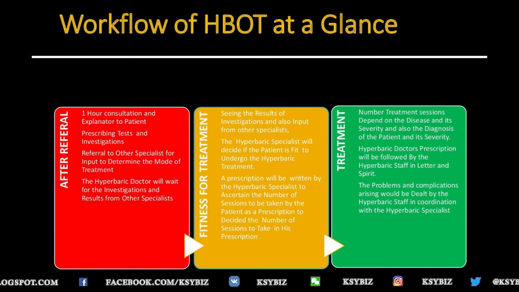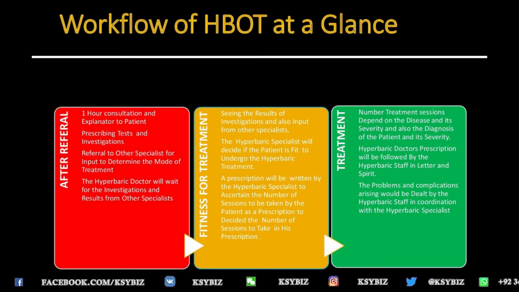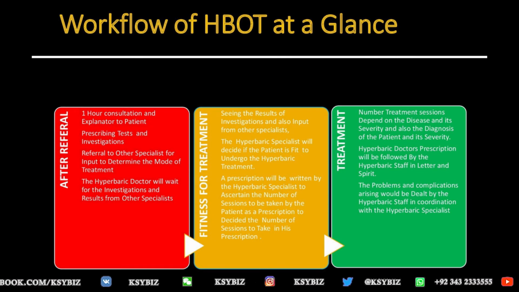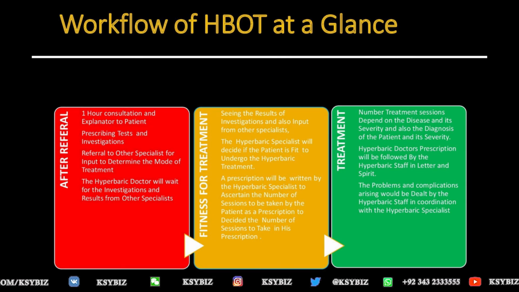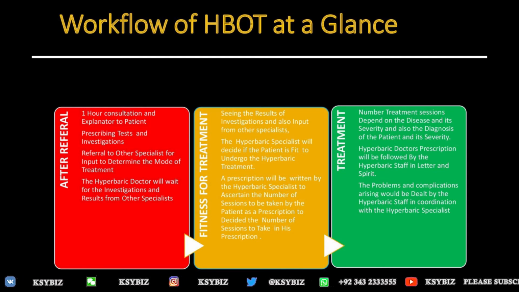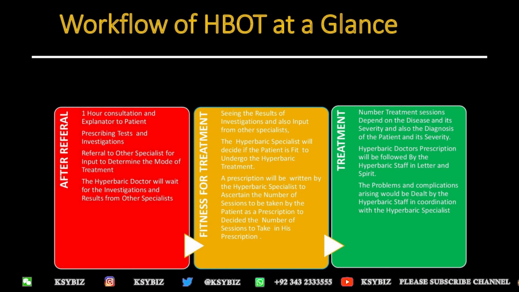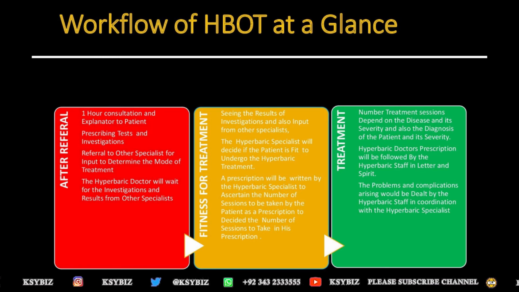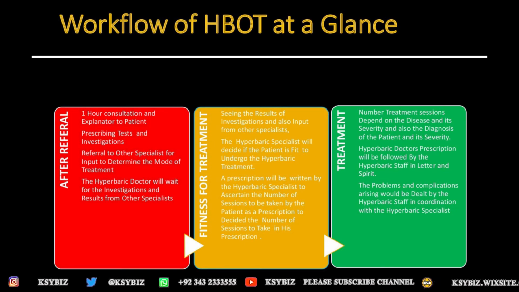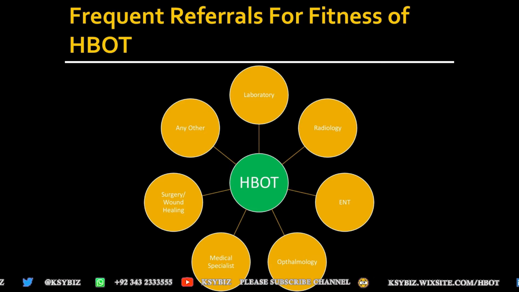So these are the colors I assigned: red, when you are referred; yellow, when you get fitness from the hyperbaric doctor; and green, when you start having the treatment. I'm going to describe in detail this 3-step process: after you are referred, when you have the fitness, and when you undergo the treatment.